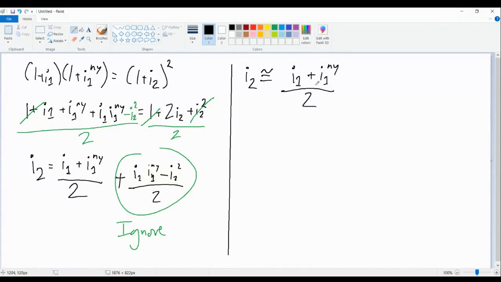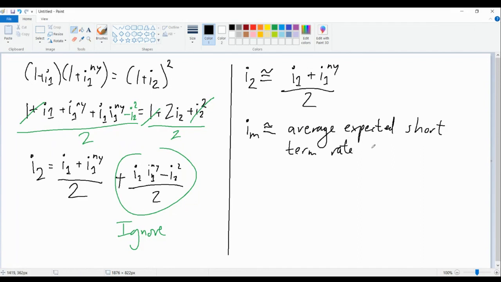And yes, you can generalize. If I sub M is the interest rate on a bond of maturity M, whatever that is, that is going to be very close to the average expected short-term rates until M, or until maturity.